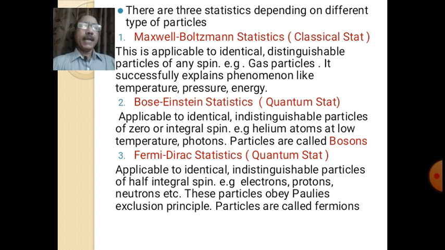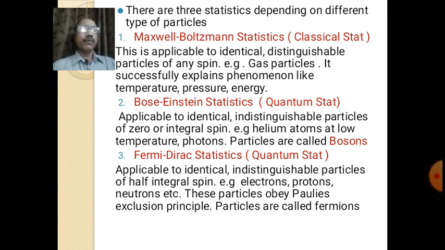While applying statistical mechanics, there are three different kinds of statistics depending upon types of particles. They are Maxwell-Boltzmann statistics, Bose-Einstein statistics and Fermi-Dirac statistics. Maxwell-Boltzmann statistics is also called classical statistics.